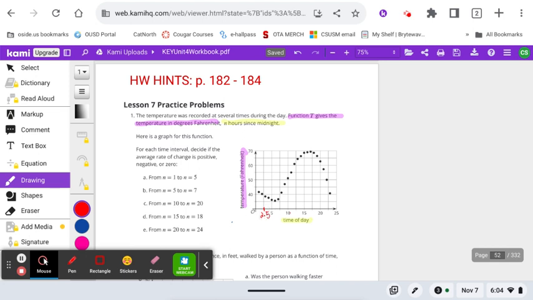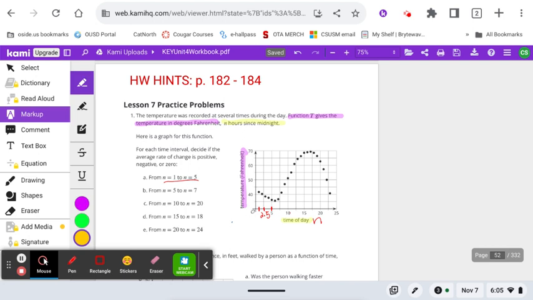And it's asking us to look at the interval from n equals 1 to 5. Well, your time of day is your n axis. And so from 1 to 5 is really going from somewhere like right here to right here. And so when we're looking at these little dots, what are they doing on that interval? We're going like this.